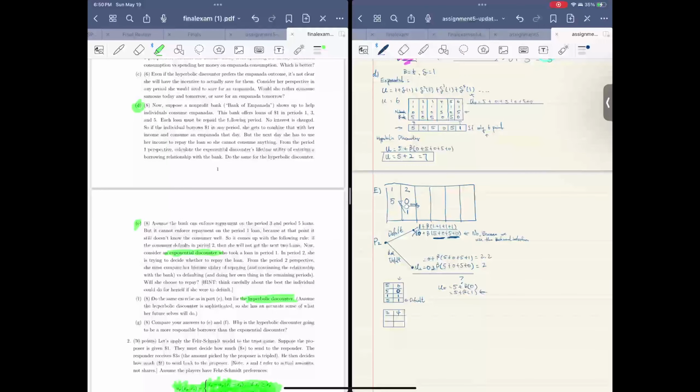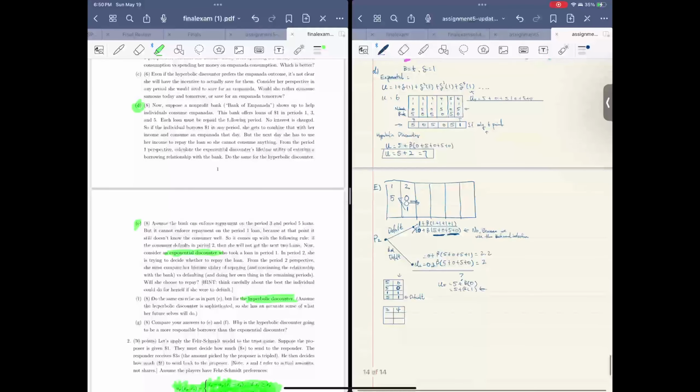The things I'm talking about are only for this question specifically, but you should probably prepare for the event that delta is not equal to 1, right?